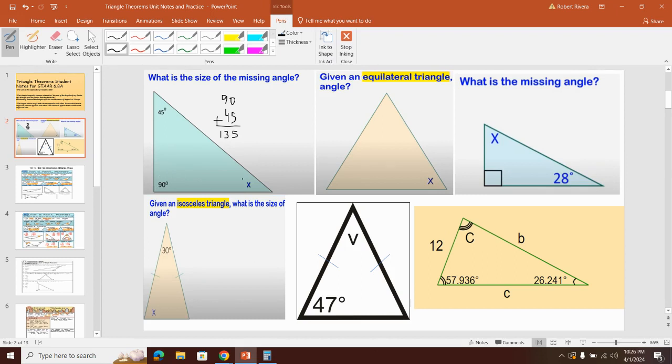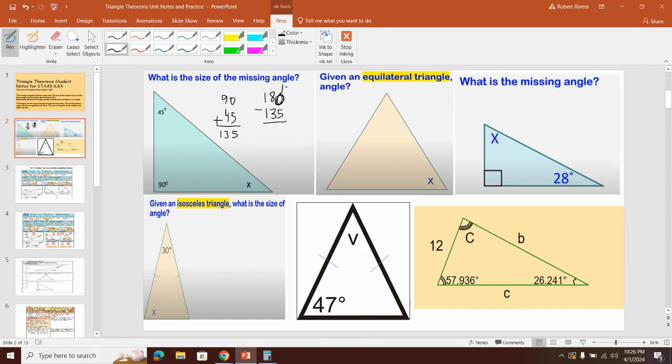So to find x, I know that all three have to equal 180, so I would go 180. All the angles of a triangle, the interior angles, have to equal 180, so I'm going to subtract the ones that we know. This is a 0, by the way.